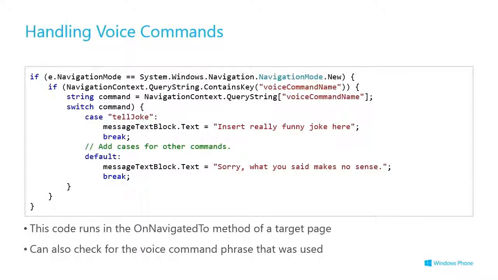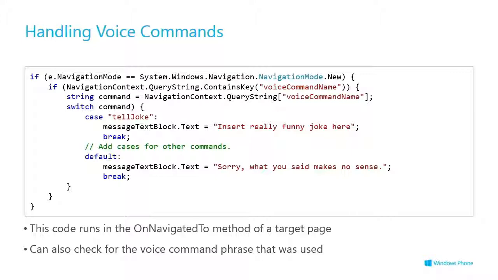So when that comes through into your application, like Andy has shown so many times with going dormant and tombstoning and activating, you find yourself catching things a lot on those navigated events. Navigation mode, yeah. This is a good place. This is where you would capture that query string, and then do a switch statement here.